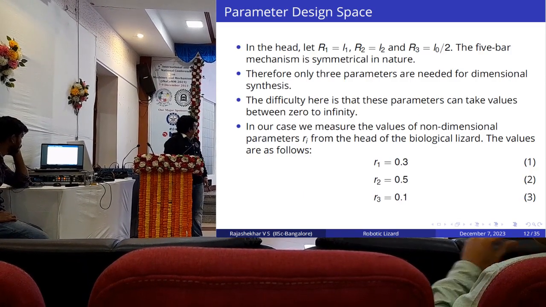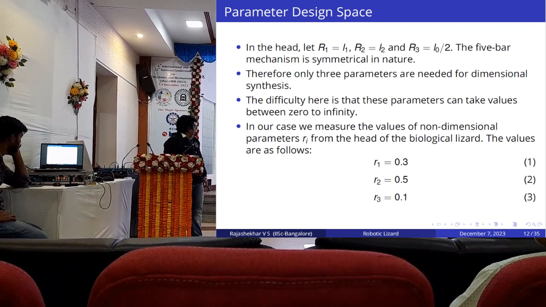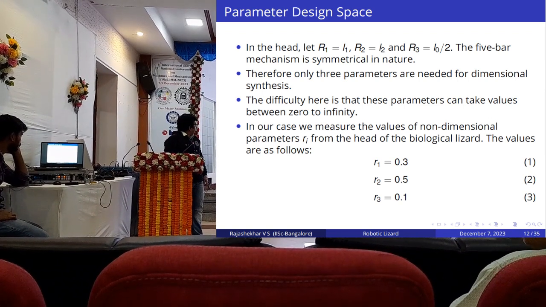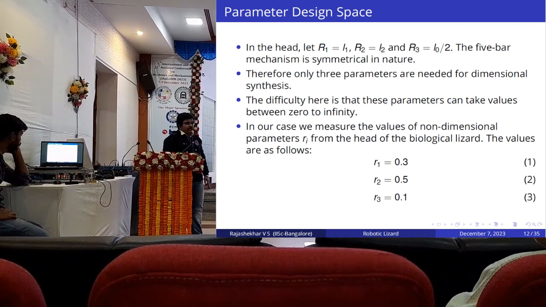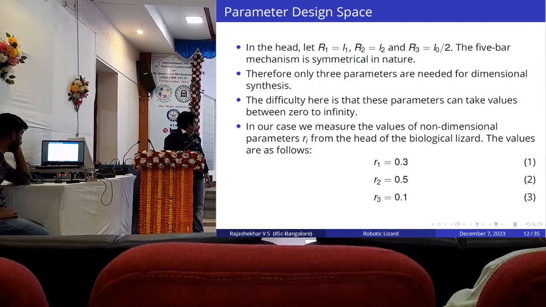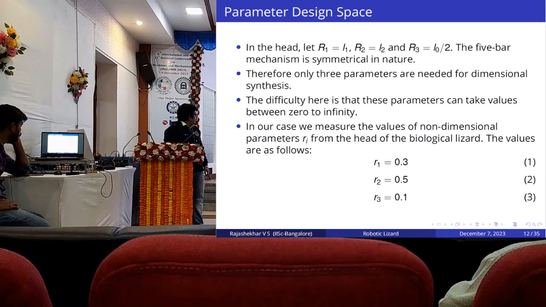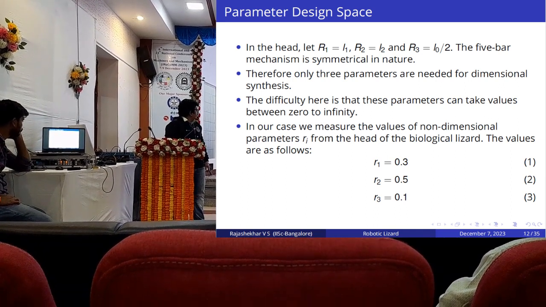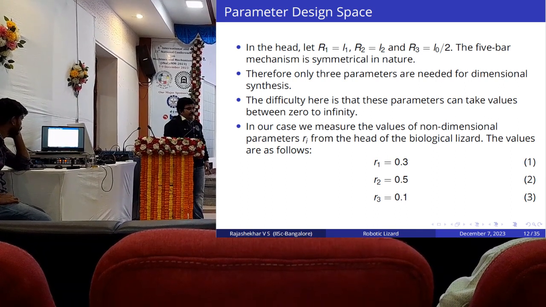In the parameter design space, we take 3 parameters, and we measure the biological lizard's head portion, and we assign the link lengths to be R1, R2 and R3 as given in equations 1, 2 and 3.